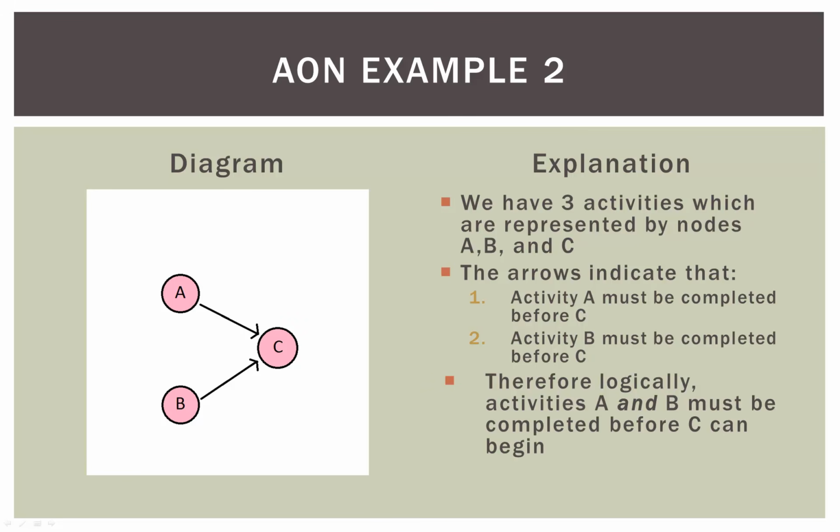Well, the arrow from A to C tells us that activity A must be completed before we can go to C. The arrow from B to C tells us that activity B must be completed before going to C. So therefore, logically, activities A and B must be completed before C can begin. Let me say that again. Before C can begin, activities A and B both have to be completed.